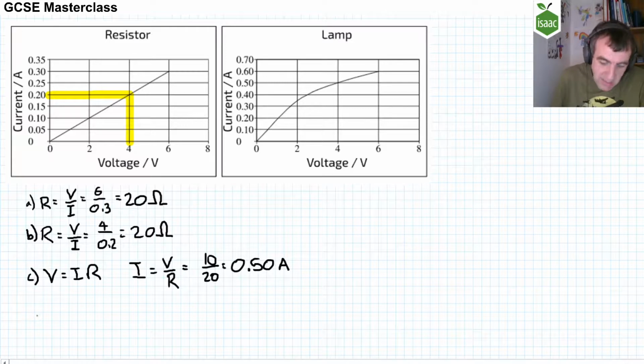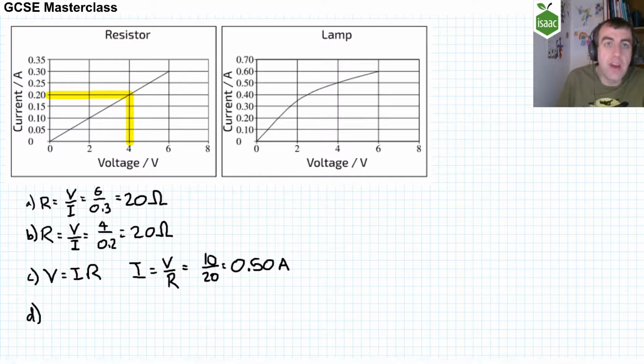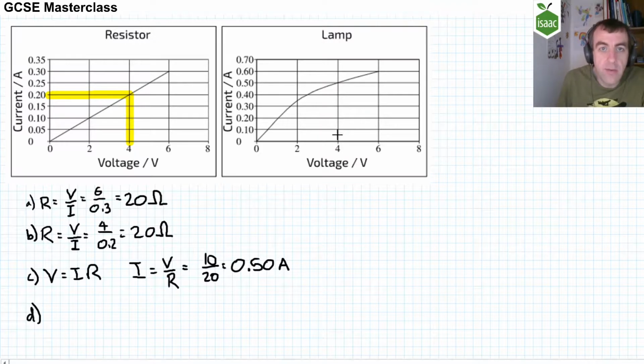Okay, now part D. Again, it's not so bad. This time we're looking at the lamp. So for part D, it says, what is the resistance of the lamp when it's connected to a 4-volt power supply? So we get our colourful pen, 4-volt power supply, read it up, read it across.